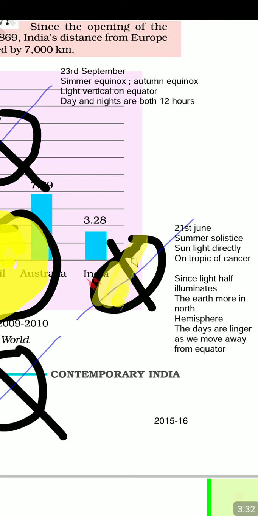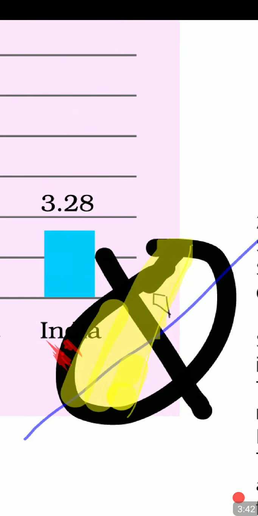Because the circle of illumination is more on the northern hemisphere. As you can see here, the circle of illumination by the sun is more on the northern hemisphere, and as we go away from the equator, the circle of illumination keeps on increasing, right?